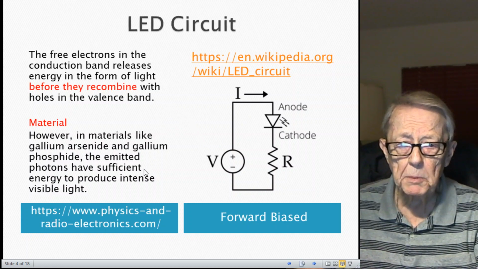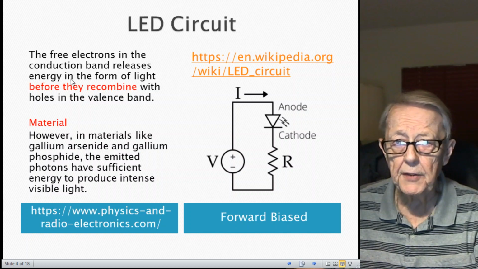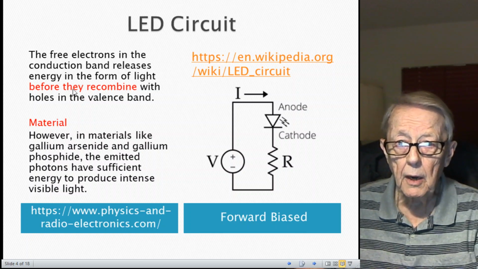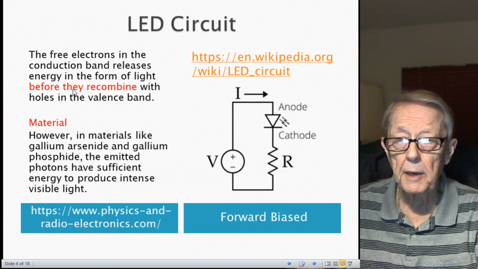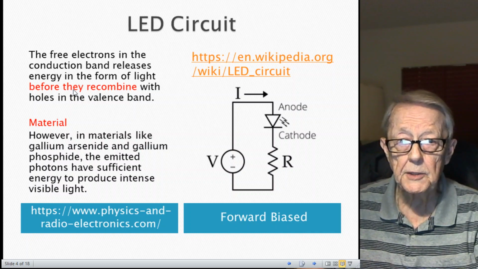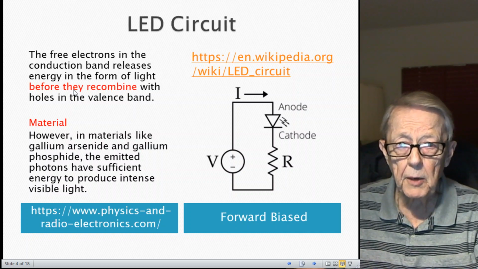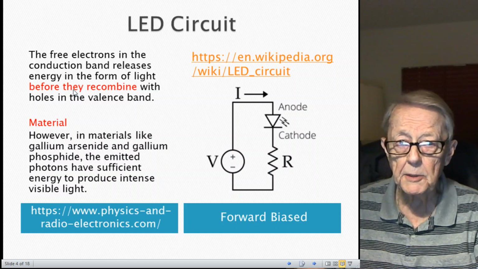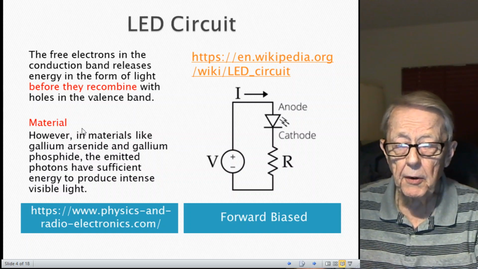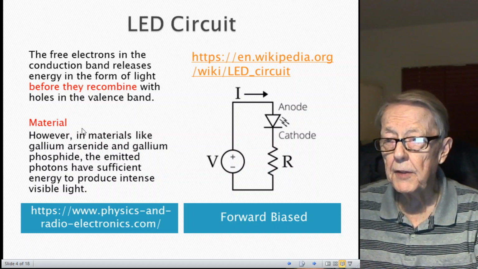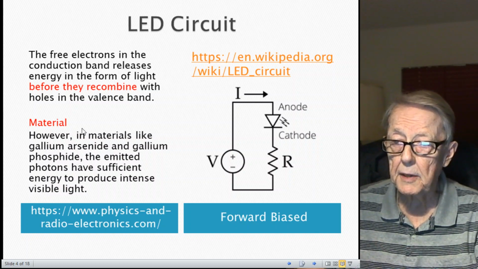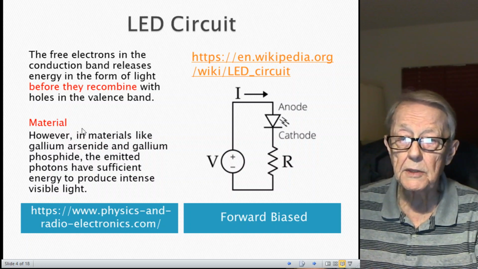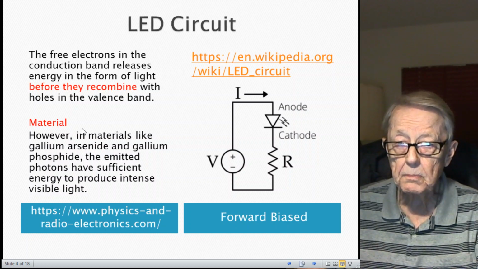And more explanation: the free electrons in the conduction band release energy in the form of light before they recombine. Now, it's an interesting comment, and I'm not exactly sure what that means, before they recombine with the holes in the valence band. The material for the diode is different than the regular diode I talked about. Last time I said the diode was typically silicon or germanium.